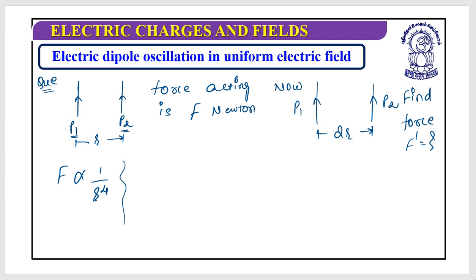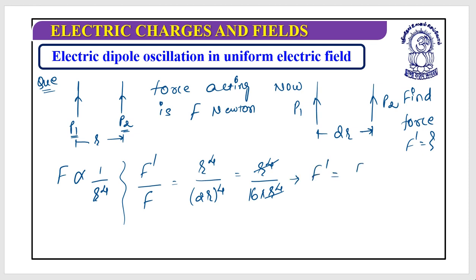So now I can write F dash by F equals r to the power 4 divided by 2r to the power 4. This comes to r to the power 4 divided by 2 to the power 4, which is 16 times r to the power 4. So F dash is equal to F by 16 Newton. This would be the answer.